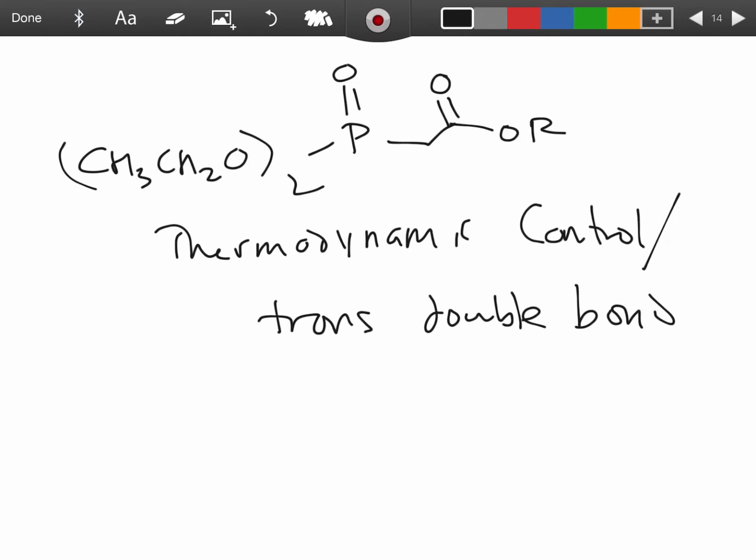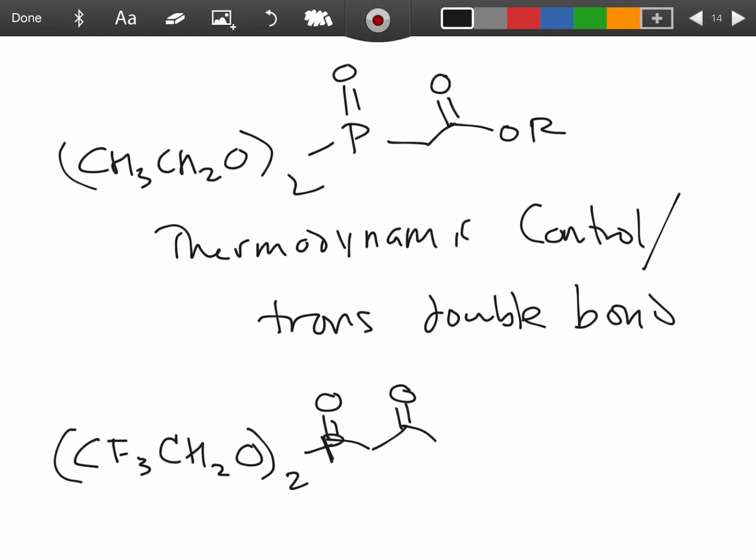So you're going to be under thermodynamic control when you have just an ethoxy on your phosphorus. And that's going to favor you making the trans double bond. If you have CF3CH2, there's a phosphorus there. This is kinetic control.